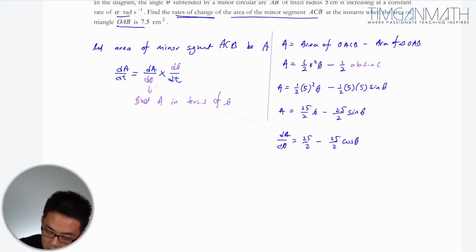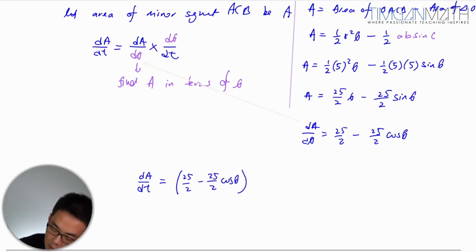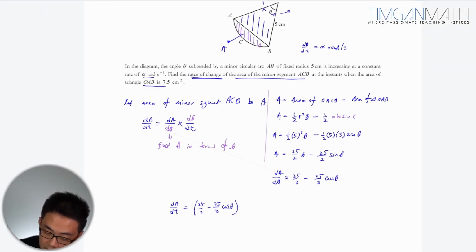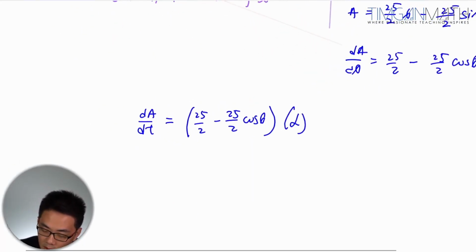We have dA dt is dA d theta, which is 25 over 2 minus 25 over 2 cosine theta, multiplied by d theta dt, which is alpha. Okay, so there you go. We could simplify it as 25 over 2 times 1 minus cosine theta, times alpha.